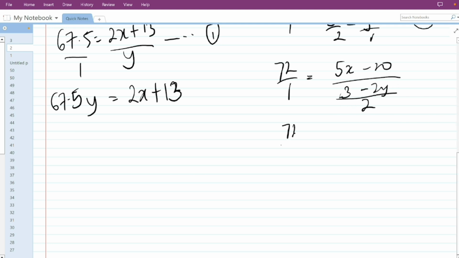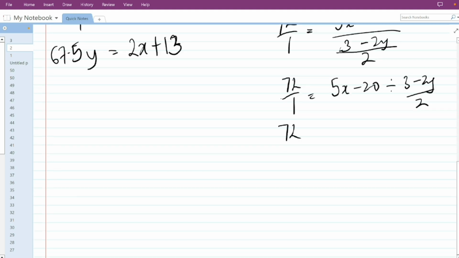We have it as 72 over 1 equals 5x minus 20, now divided by, this is the dividing sign joining the lower fraction, 3 minus 2y over 2. We have 72 over 1 equals 5x minus 20 over 1.